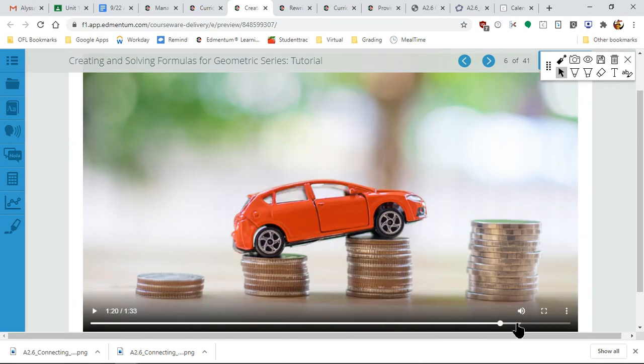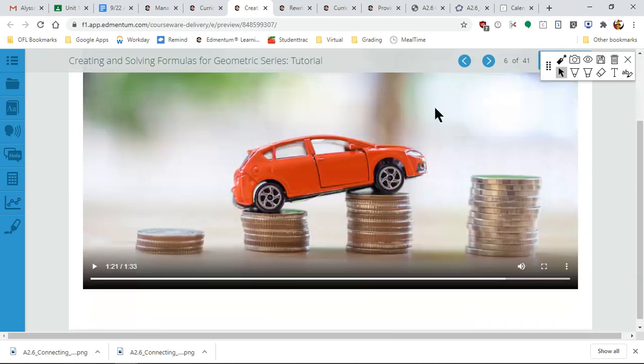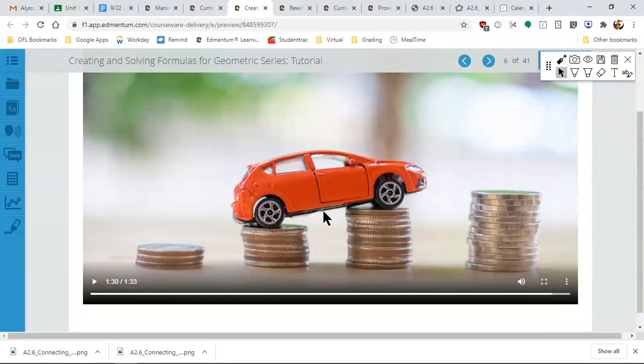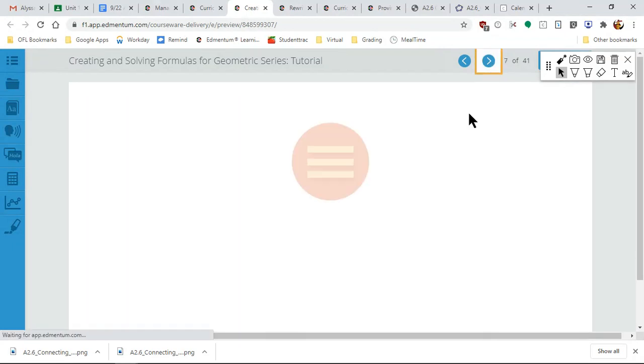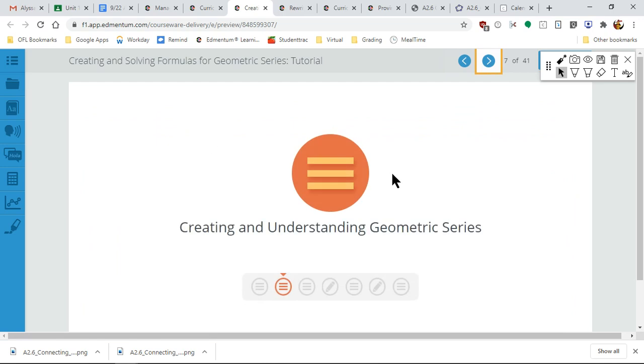Okay, so they're talking about car loans. So recursive geometric formulas are a good way to know about car loans because you get charged interest. So you want to know how much money you're paying over time because that interest keeps piling up and piling up and piling up. And the first time you buy a car, I'm not sure if a lot of you know this, but most of your payment is going towards interest.